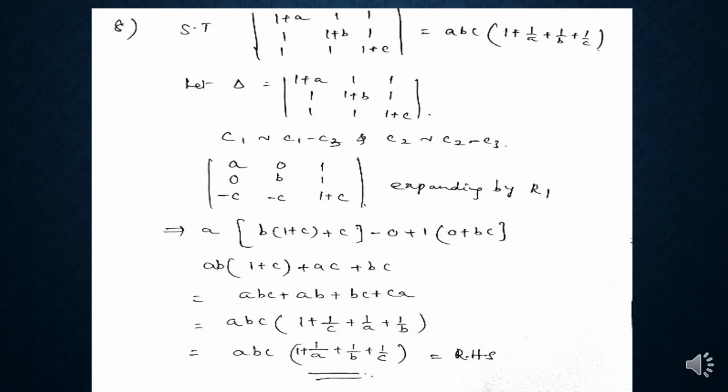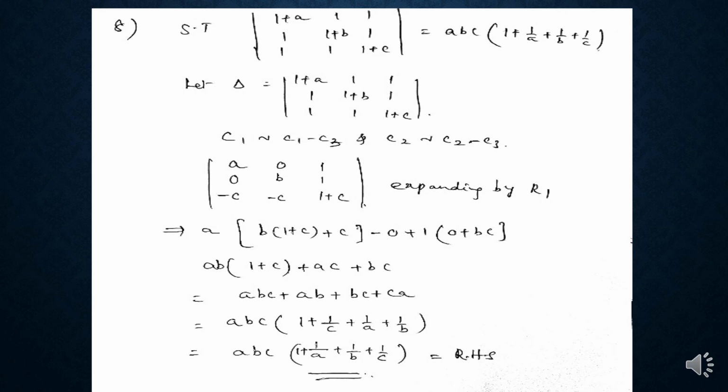So this is our RHS. So we have taken that is equal to delta, and applying C1 minus C3 and C2 minus C3, we changed C1 and C2 in the determinant. C3 is as it is.